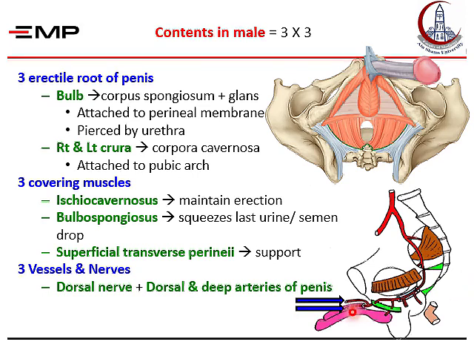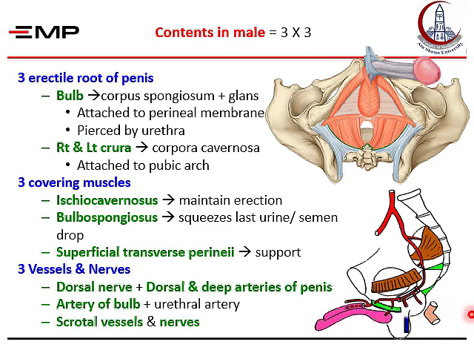That is to say, the deep and dorsal arteries of the penis. In addition to the artery of the bulb that pierces the perineal membrane to enter the bulb of the penis. Together with scrotal vessels coming from the perineal branch of the internal pudendal artery.